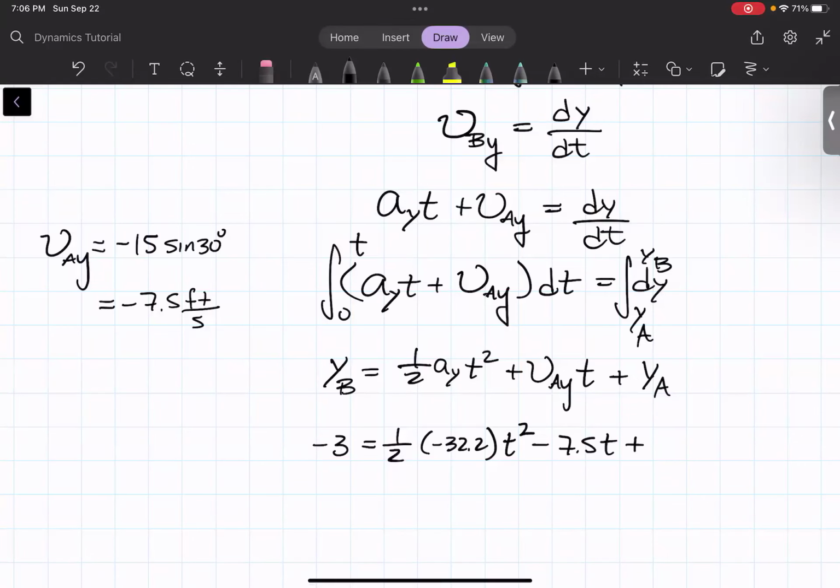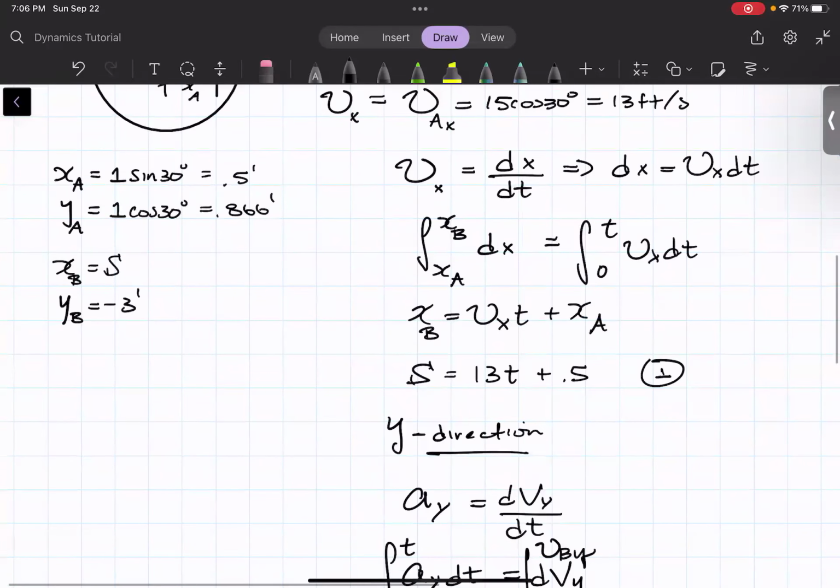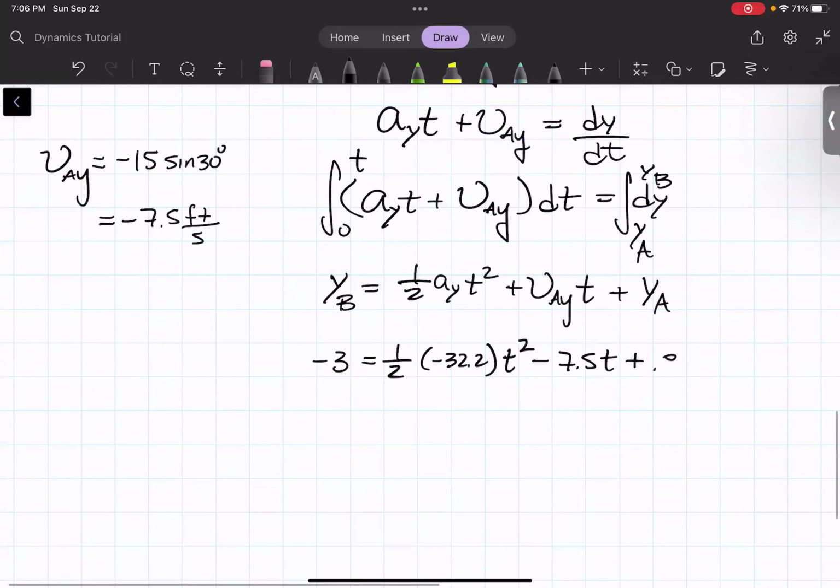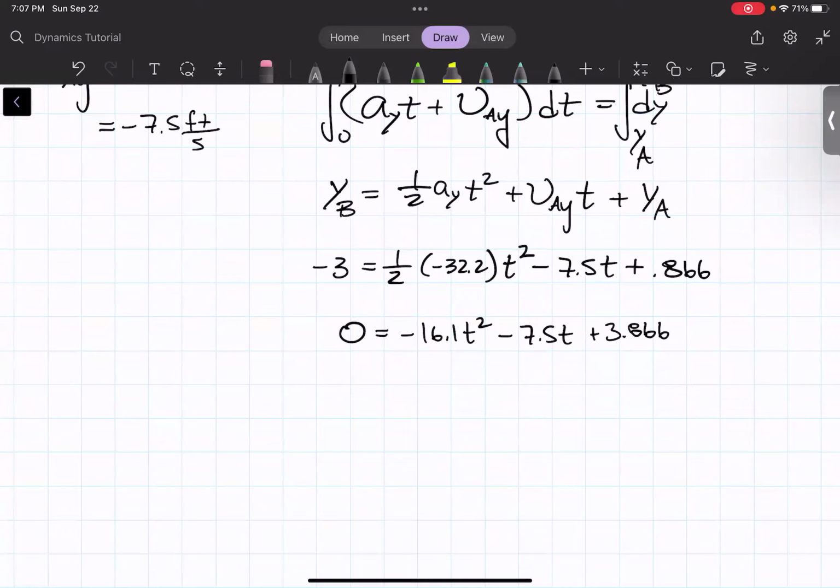Plus, what is our YA? Our YA essentially is 0.866. So essentially we move the 3 to the right side, and we have the following: 0 equal to minus 16.1 t squared minus 7.5 t plus 3.866.